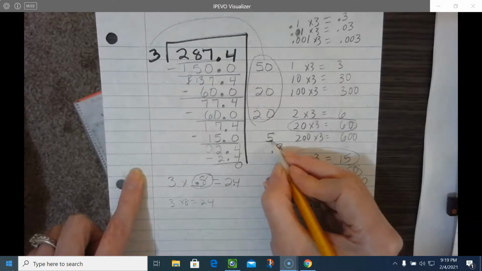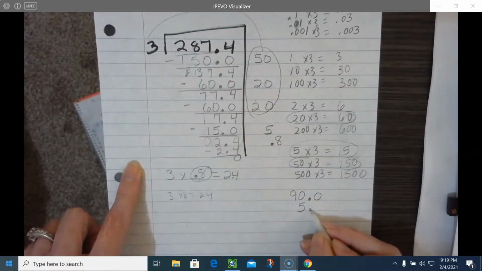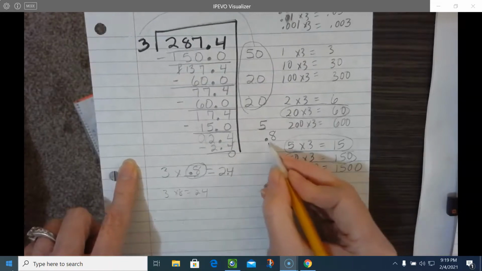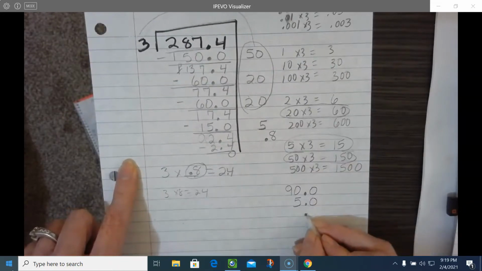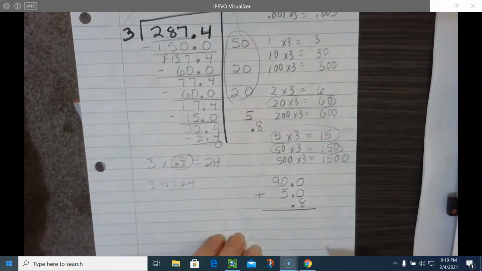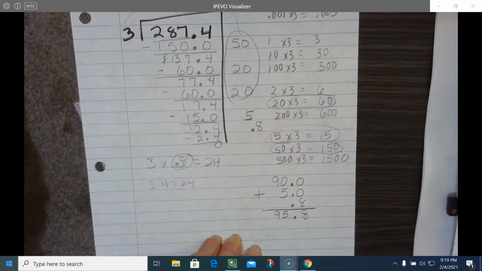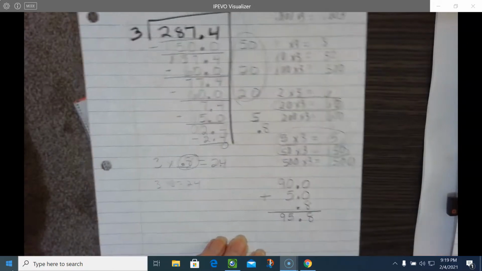Then I have the whole number of 5. I could have just said 95, I guess. I'll just say 5.0. And then I have 8/10. Very, very important that you're lining everything up. So I'm going to go ahead and add, drop my decimal, and there's my answer. So 95 and 8/10.